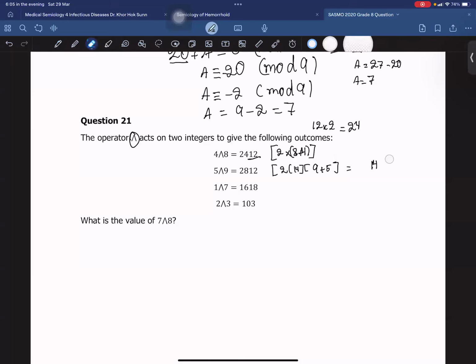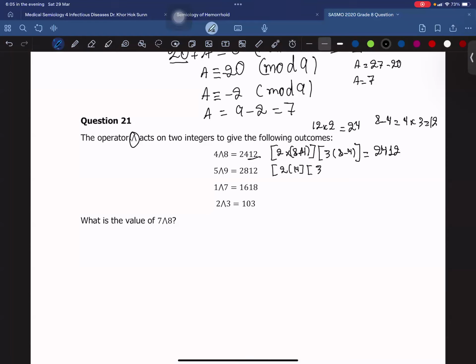Oh, so let's find another way. What if we do another way, which is 3 times 8 minus 4, because we saw earlier 8 minus 4 equals 4, times 3 is going to be 12. So it's exactly the same. So it's going to be 24 and 12.